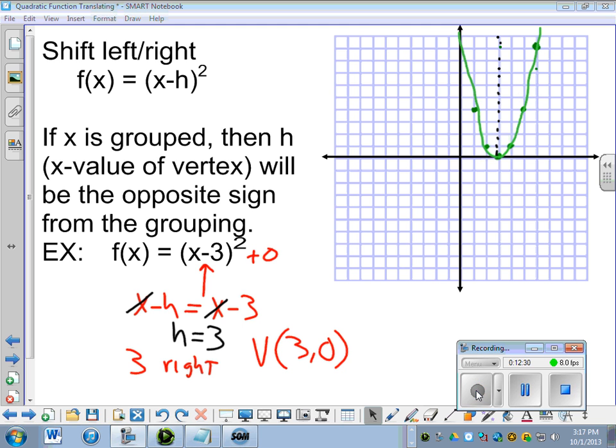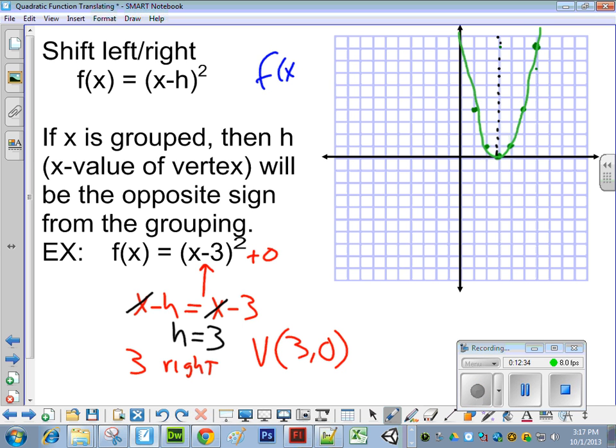Now let's do another one real quick. What if I said this? F of x equals x plus 4 squared. Now in this case, another way of finding the vertex is to look inside the grouping, and your h value is the opposite. So I know it's going to go 4 to the left. There's nothing being added at the end, so I have 0.